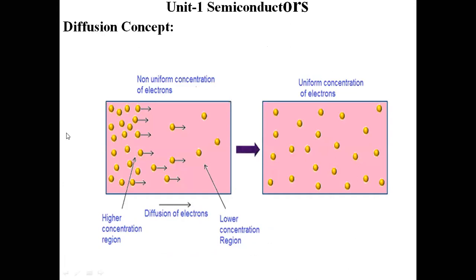And the next final concept is the diffusion concept. This is very important in your external examination also. This question is very important to you. For the diffusion concept, just see this diagram. This is the non-uniform concentration of electrons, and this is the uniform concentration of electrons.